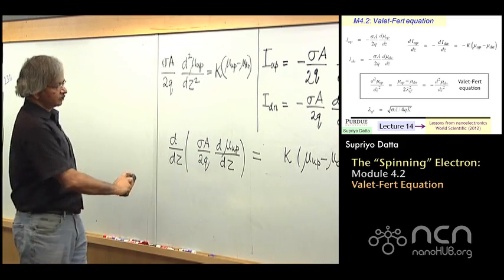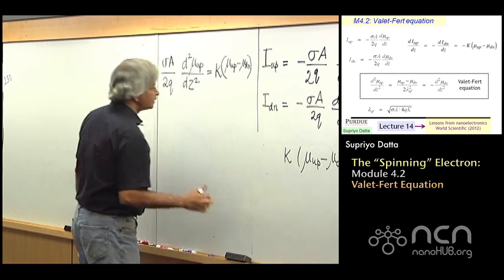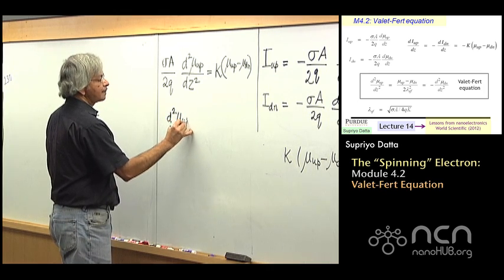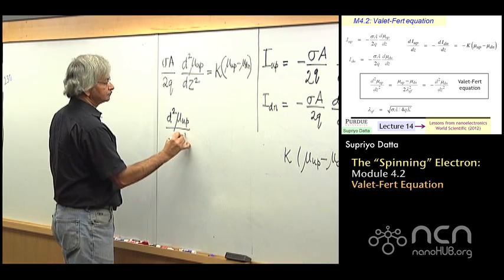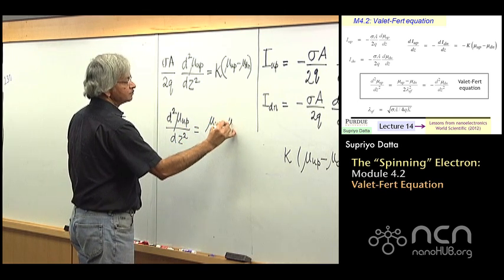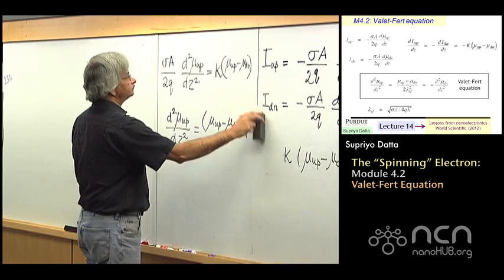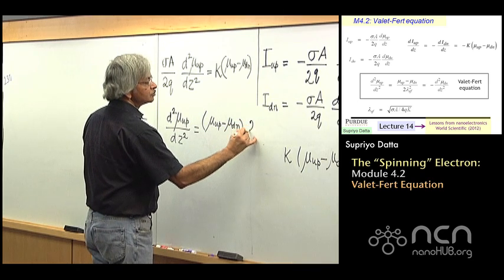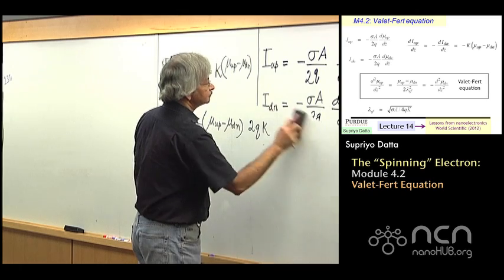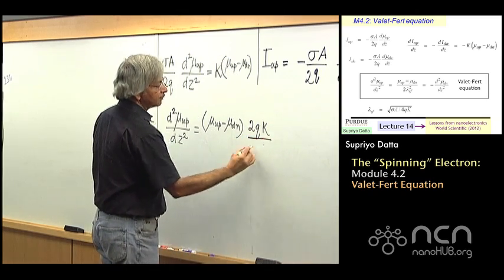So we combine that to obtain this equation, which leads us to d2 mu up dz2 is equal to mu up minus mu down times 2qk divided by sigma a.